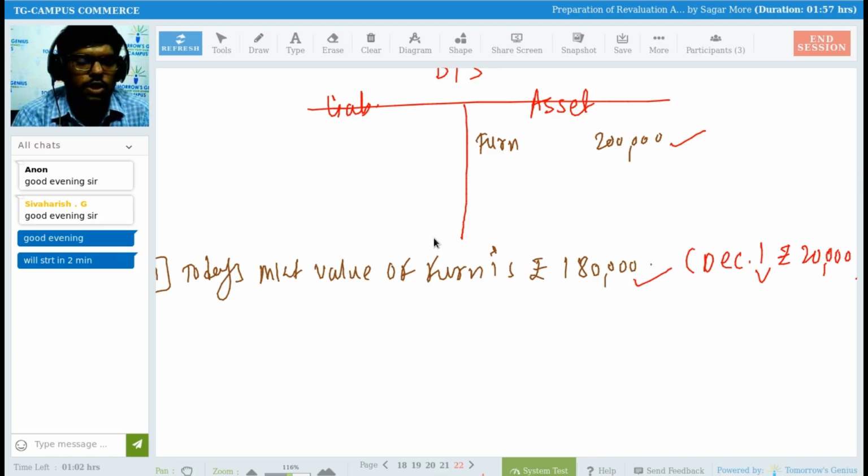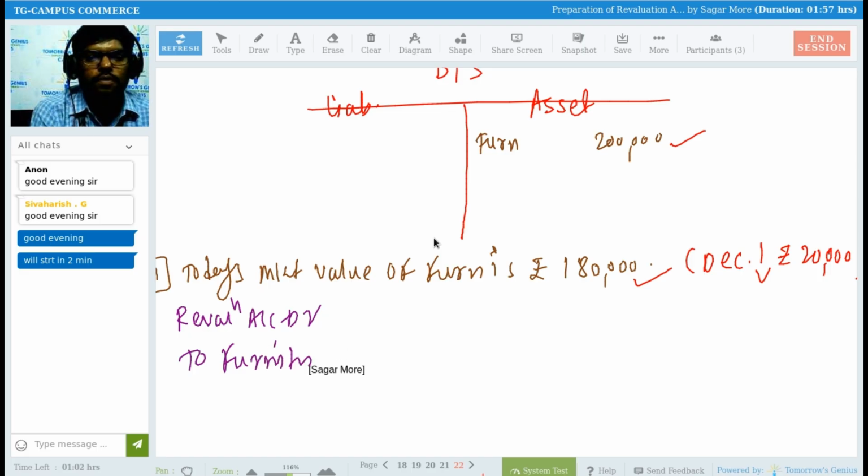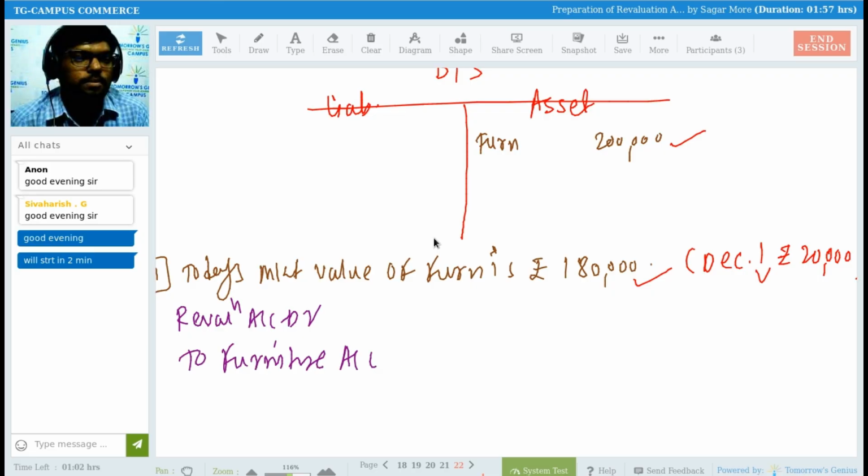I will record it on the debit side of the revaluation account. So I will pass the journal entry: revaluation account debit to furniture account, by 20,000 rupees, the amount by which the value decreased.